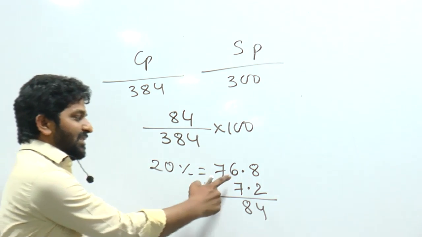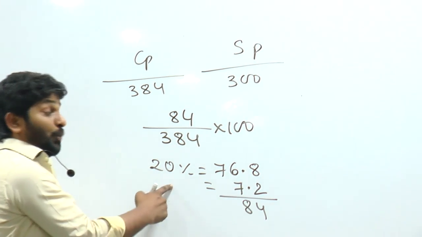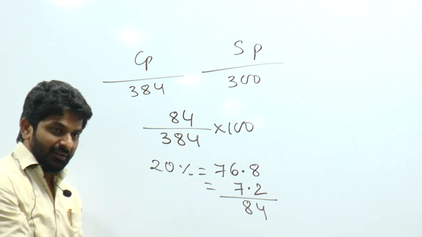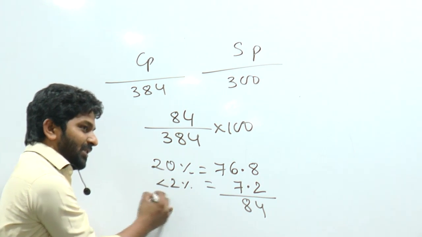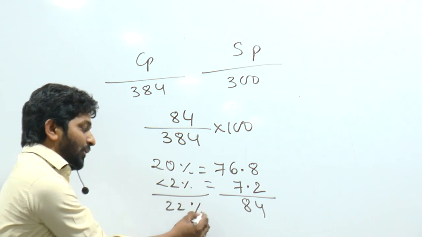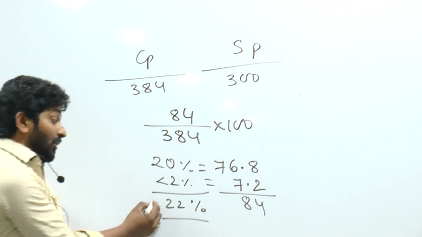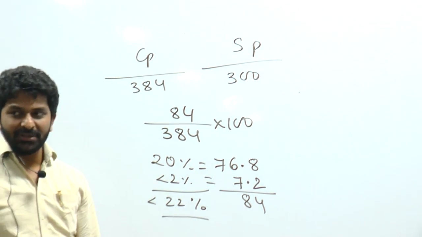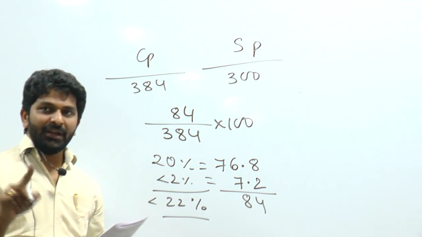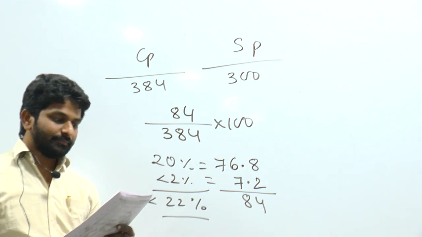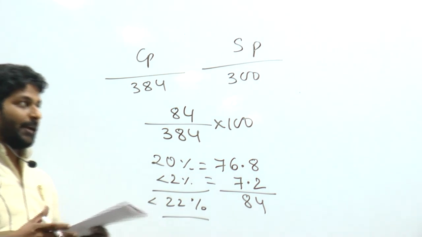If 20% is 76.8, 2% will be 7.68, right? And we need to add less than that number. So this value is less than 2%. So hence answer is less than 22%, but close to 22%. Right? How many options we have? Only one. 21, 7 by 8. 38.